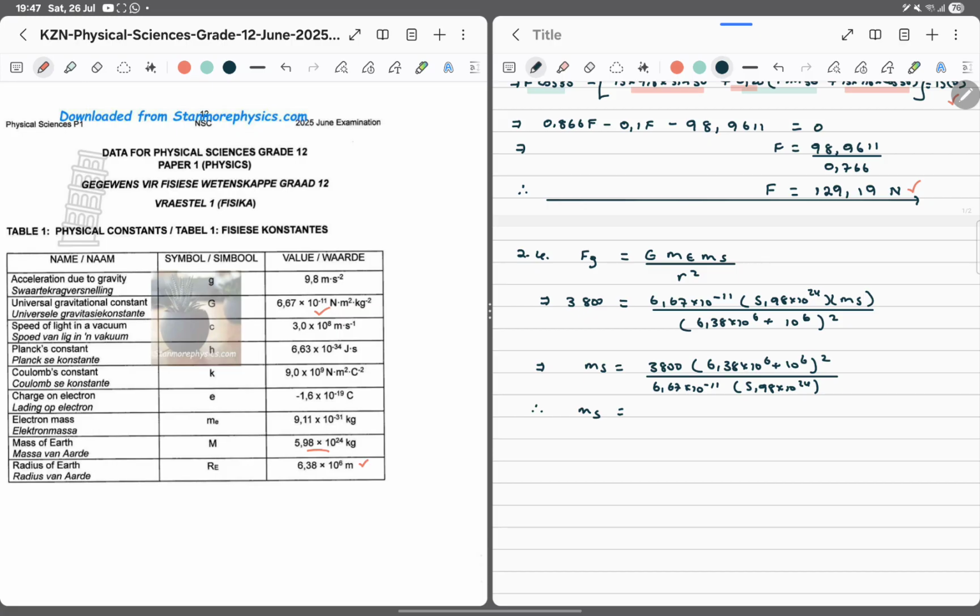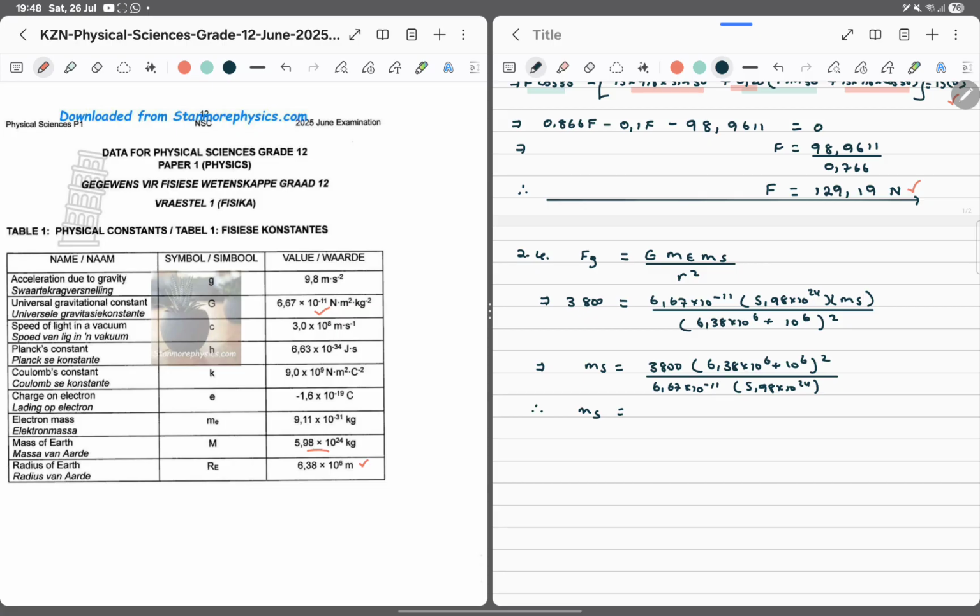let's see, we've got 3,200 times (6,38 times 10 to the 6 plus 1 to the 6) all squared divided by 6,67 times 10 to the minus 11 into 5,98 times 10 to the 24.